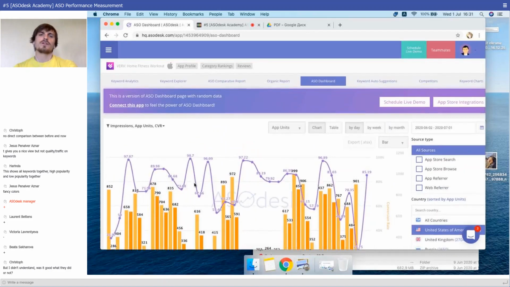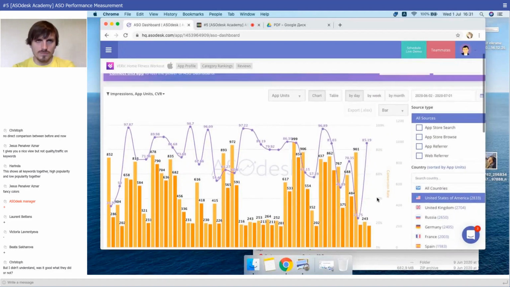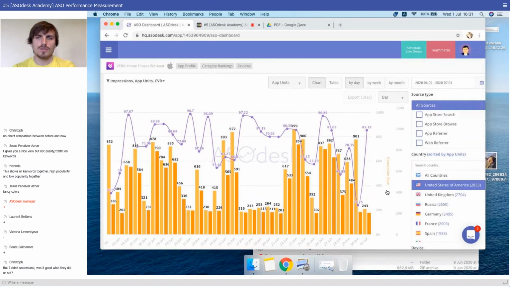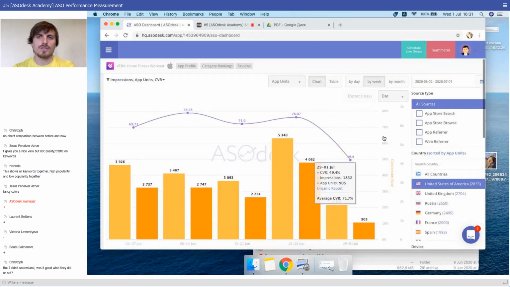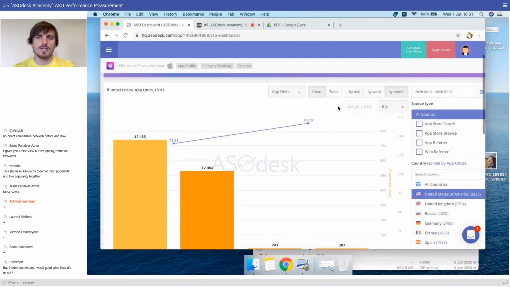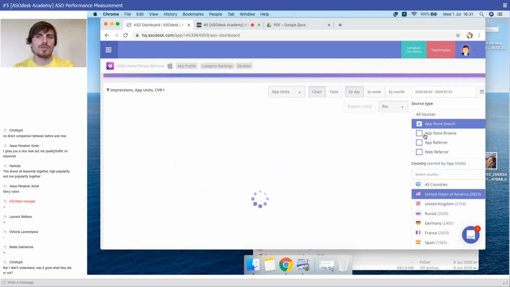So you are checking external metrics, and you are going to the ASO dashboard and checking your internal metrics. You might choose a needed range. You might share this graphic by weeks or by months. Then you can choose a source you need, App Store search or App Store browse.